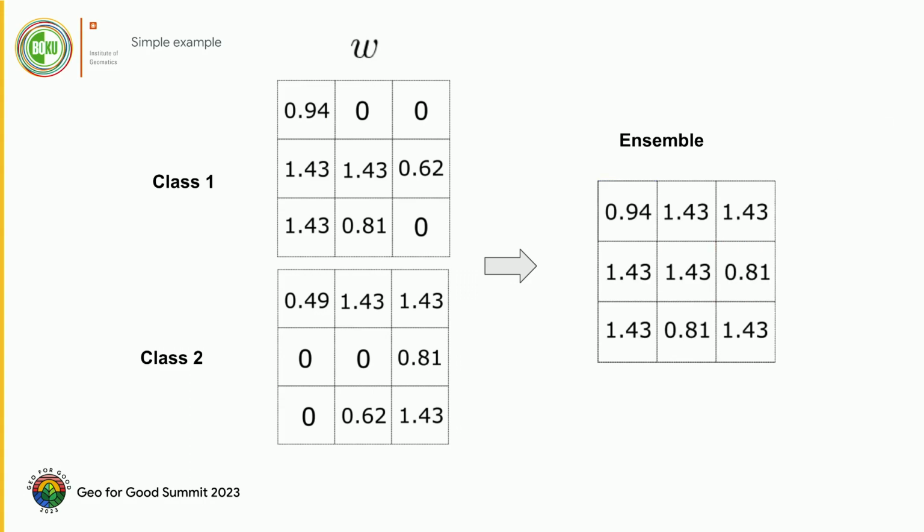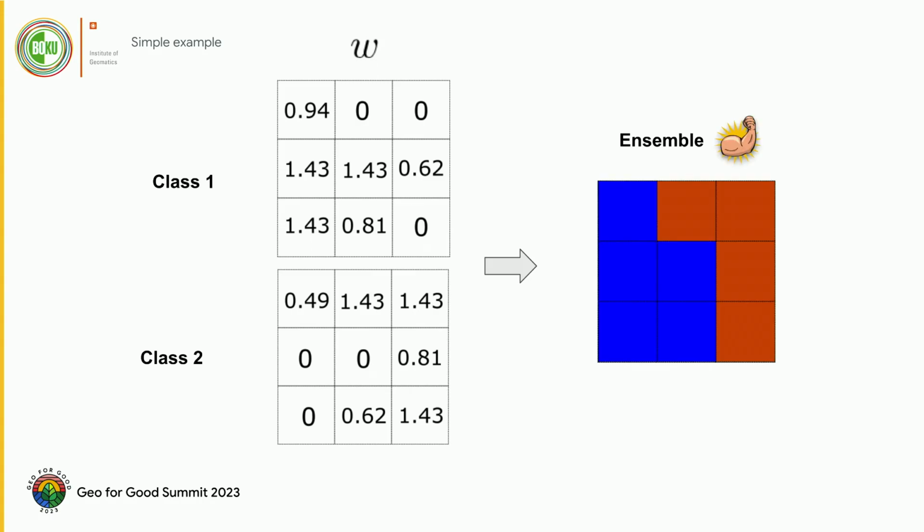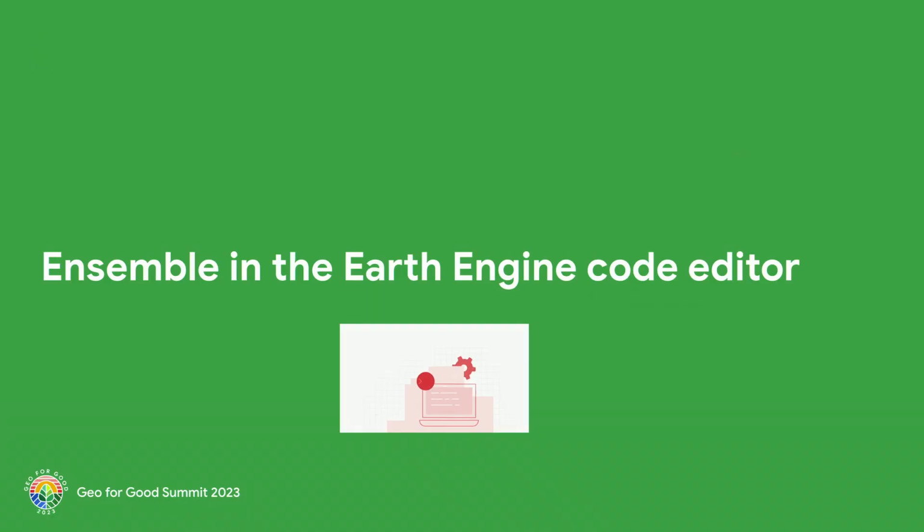We can do the same for all the pixels in our study area, and at the end we can generate a classification map from the ensemble, which is going to be a stronger classification than the weak base classifiers. So we can implement that in the Earth Engine code editor.